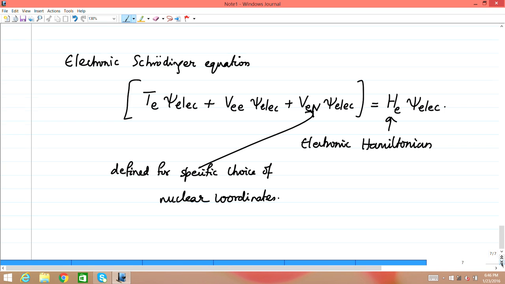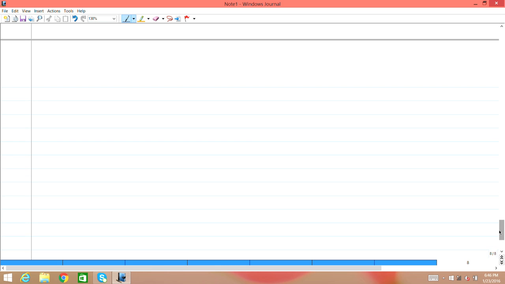Now, let me take you off to a slightly different discussion. The particle in a one dimensional box: when you solve this equation, minus h bar square by 2m d square by dx square psi of x, you get the energy which is independent of x. It is a constant. Okay.